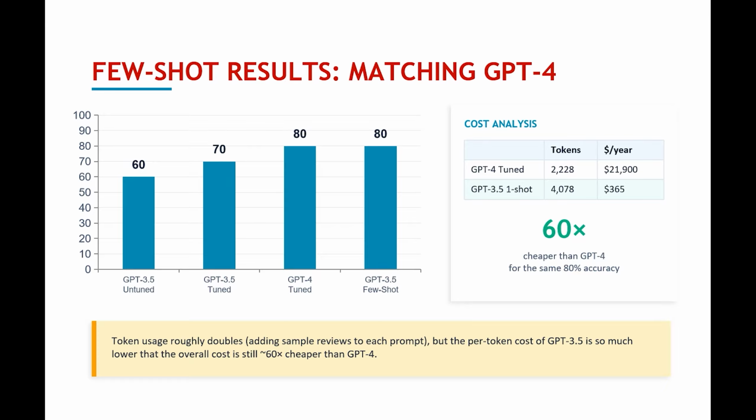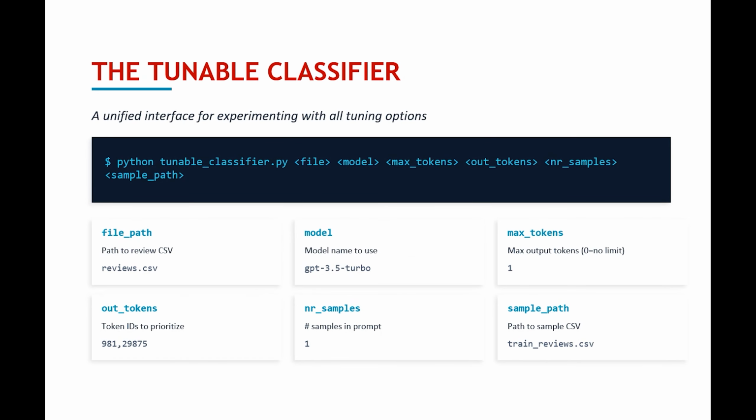So once we know the prompt matters, the next question is how do we systematically test different prompt and parameter combinations? To make experimentation easy, the book provided a tunable classifier that accepts all parameters via the command line.